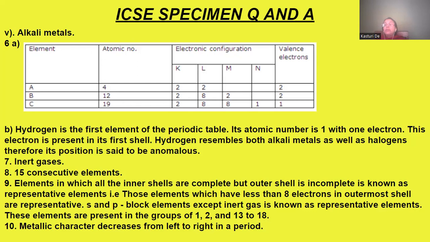They are S and P block elements except the inert gases. These elements are present in groups 1, 2, and 13 to 18. S and P block elements, 13 to 18 is mentioned, but generally it is till 17 because the inert gases in 18 are not representative elements.